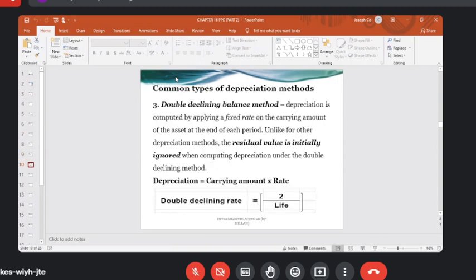And then under the double declining balance method, depreciation is computed by applying a fixed rate on the carrying amount of the asset at the end of each period. Unlike other depreciation methods, under double declining balance, residual value is initially ignored when computing depreciation. Under double declining, the carrying amount is multiplied by the rate. And how do we compute the rate? 2 divided by life.